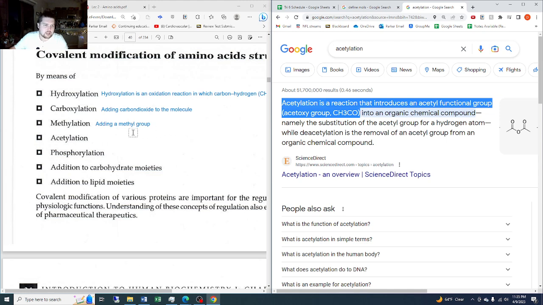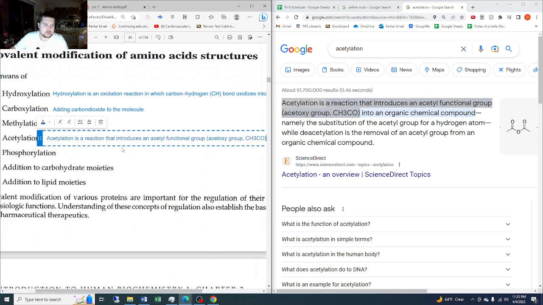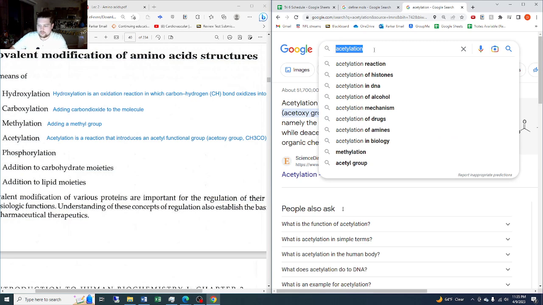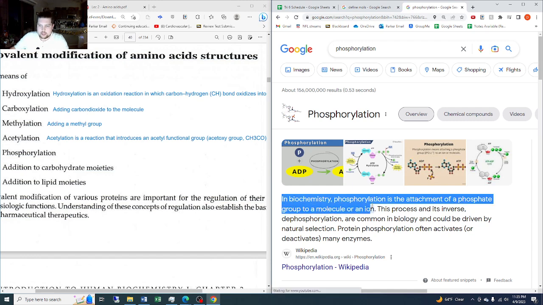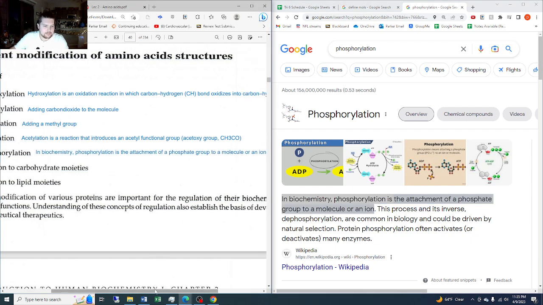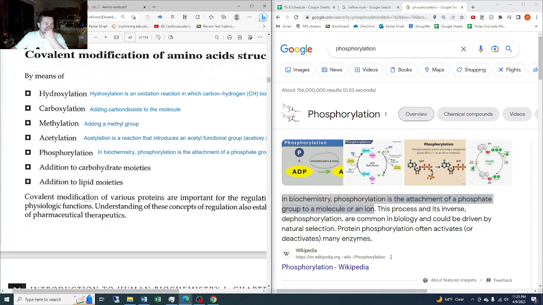If you can understand all of these different groups, as you start to get into later on down the road, we really start to look at the enzymes that do all of these different reactions.